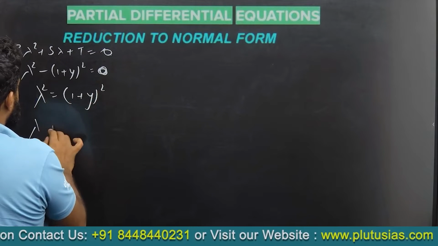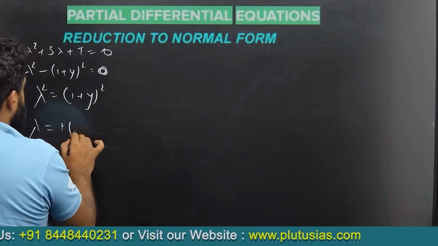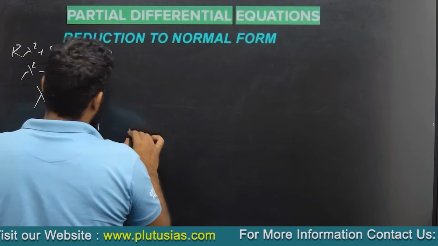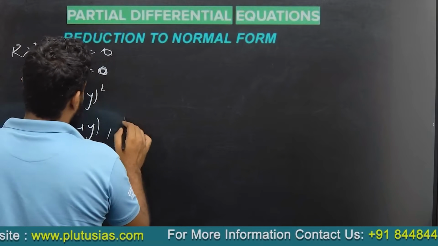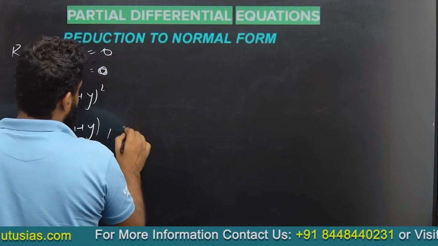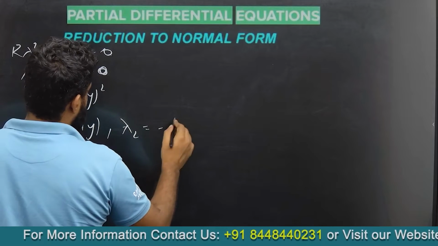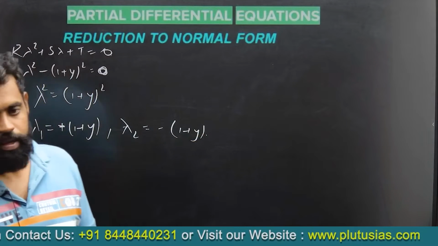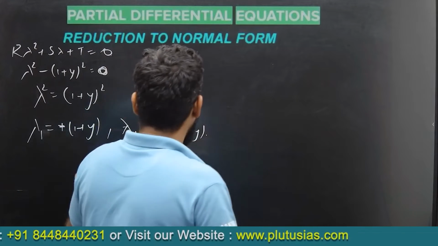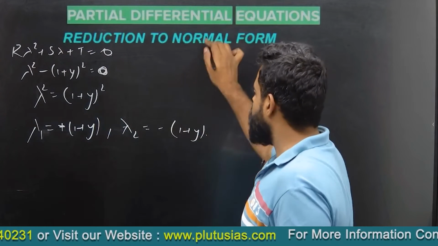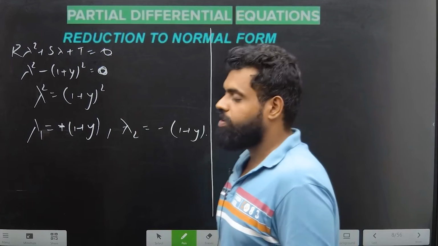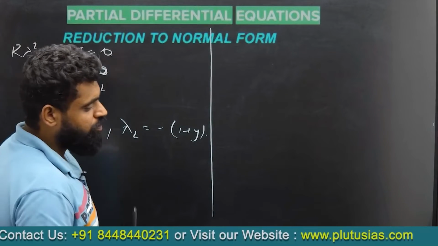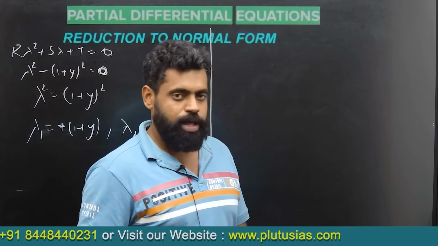So lambda would be plus (1 plus y), and the other root of the equation, lambda 2, is minus (1 plus y). Okay, so we calculated the value of lambda with our second step, that is r lambda square plus s lambda plus t. We find the two values of lambda.